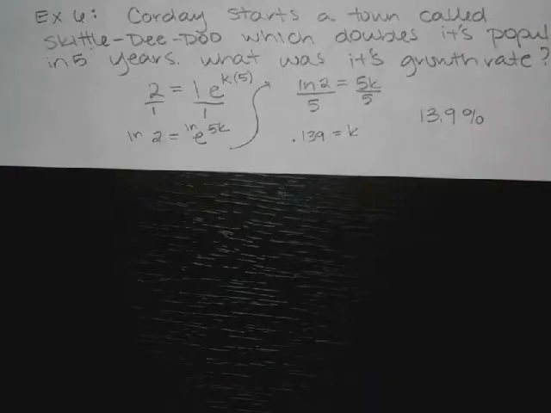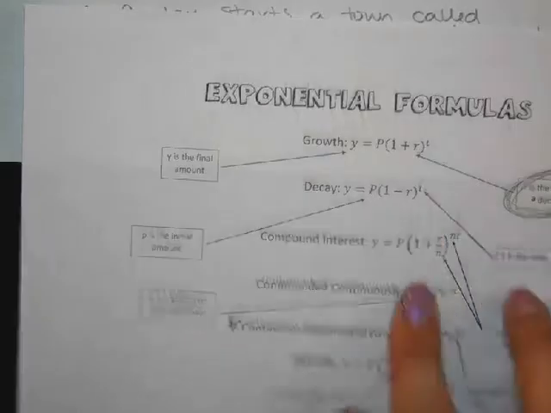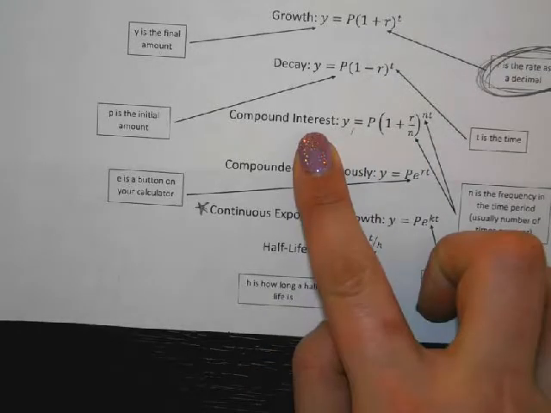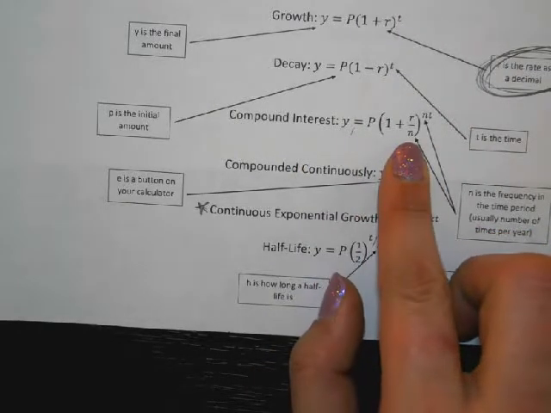One thing that helps me is that the compound interest formula is the only formula that has an n value. So if they say something was compounded semi-annually or monthly or weekly or daily, or you could use 1 for yearly or quarterly, that's when I know to use that formula.